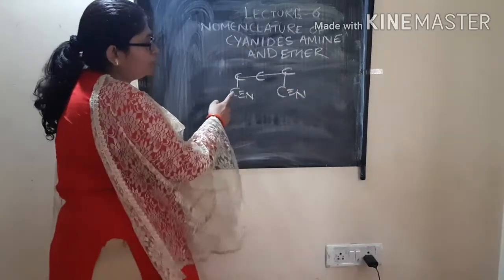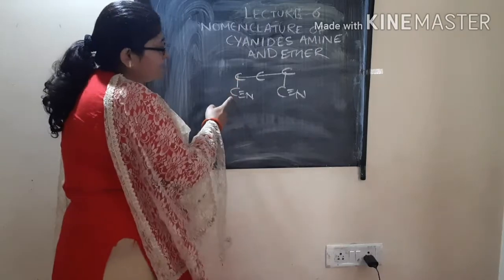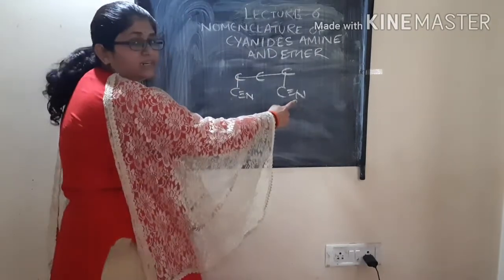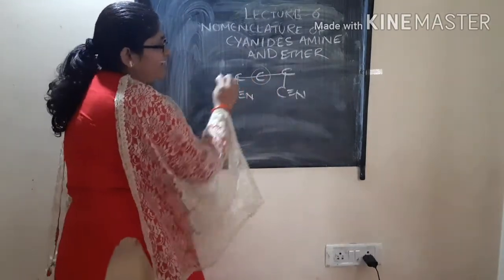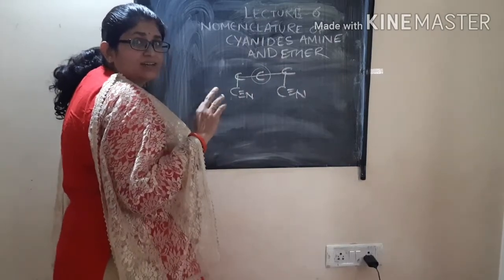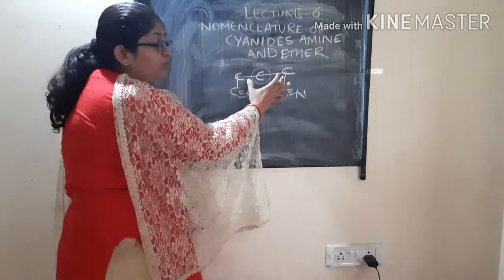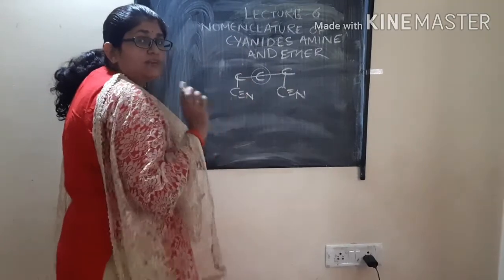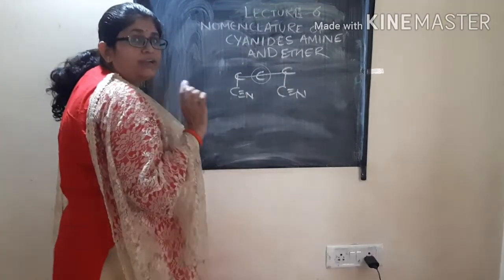Now, here you can note that there is a functional group at the first position and at the third position, but this second carbon has no similar structure with these two. So here we can't use carbonitrile.